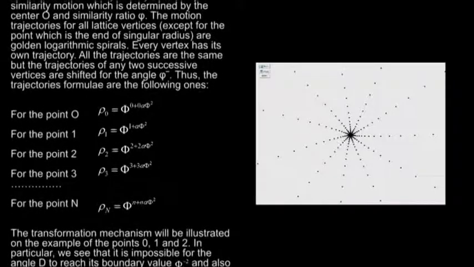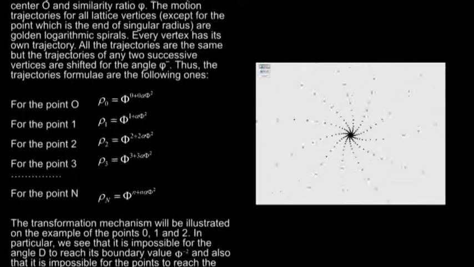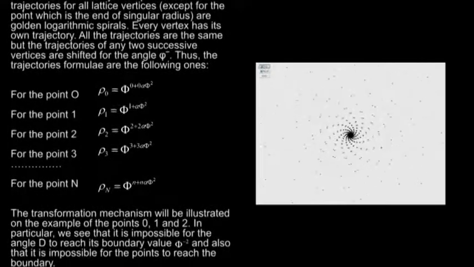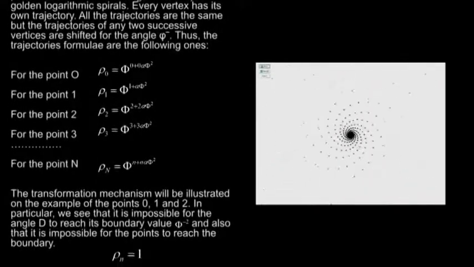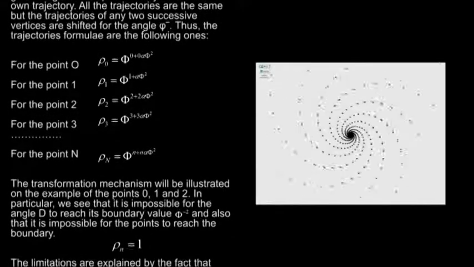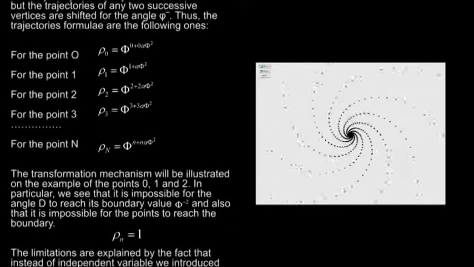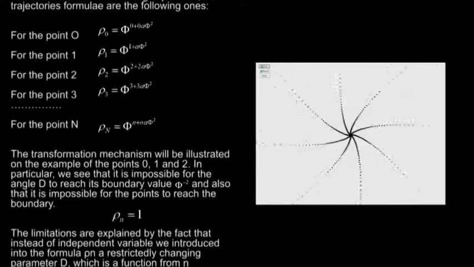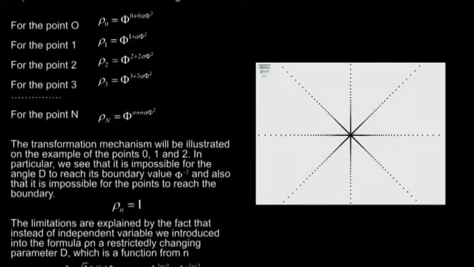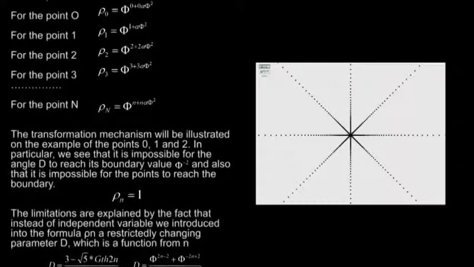The motion trajectories for all lattice vertices, except for the point which is the end of the singular radius, are golden logarithmic spirals. Every vertex has its own trajectory. All the trajectories are the same, but trajectories of any two successive vertices are shifted by the angle phi.